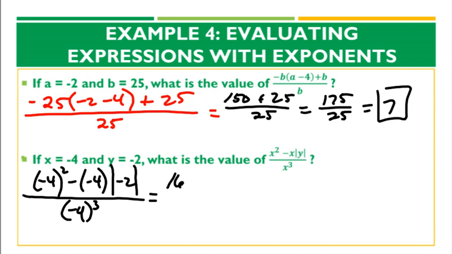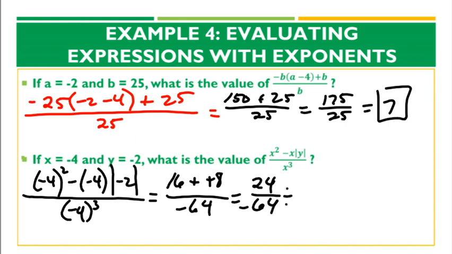I have 16 minus, absolute value of negative 2 is 2, 2 times negative 4 is negative 8. So I'm subtracting negative 8, divided by negative 4 cubed, which is negative 64. Simplify this, I'm really adding on top. That gives me 24 divided by negative 64. I can divide by 8 over 8. This will give me 3 over negative 8. So I have a negative 3/8.